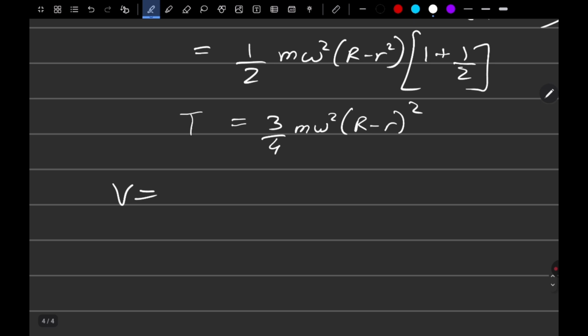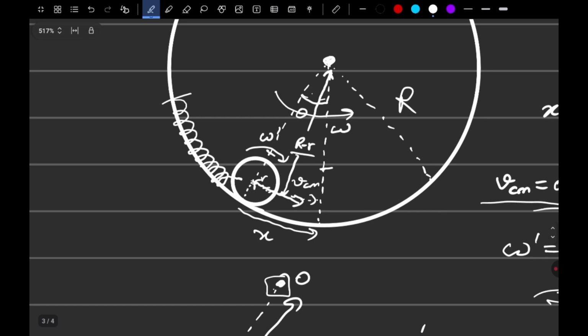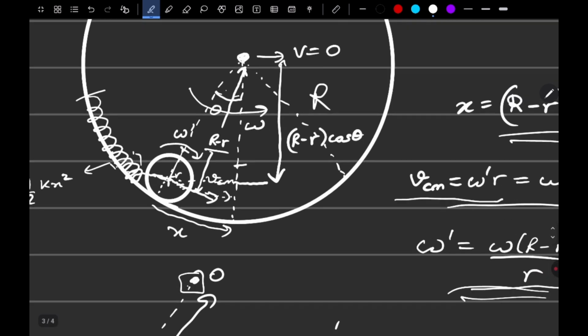Now we write the potential energy. It's fairly simple to see that the system has two potential energies. One is the potential energy caused by the spring, which is half k x squared, and another is the gravitational potential energy. Let's assume that this point is zero potential energy, and this distance is going to be equal to (R minus r) times cos theta. So the potential energy at this point is going to be equal to minus m g (R minus r) cos theta.